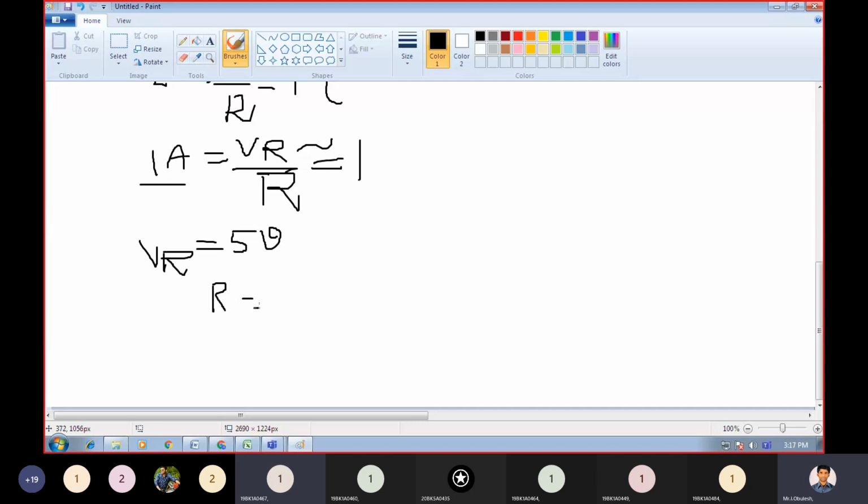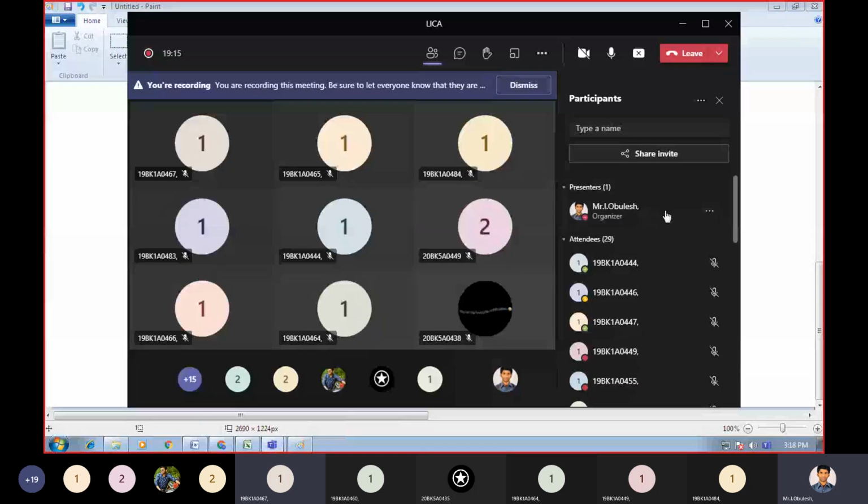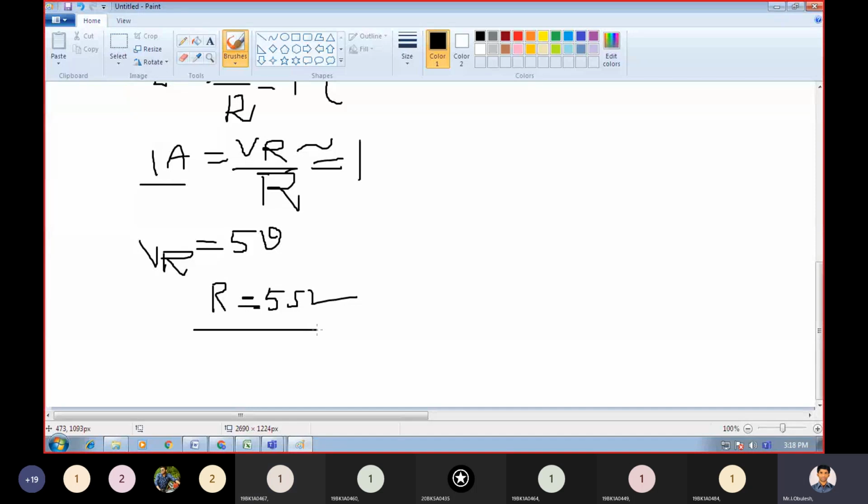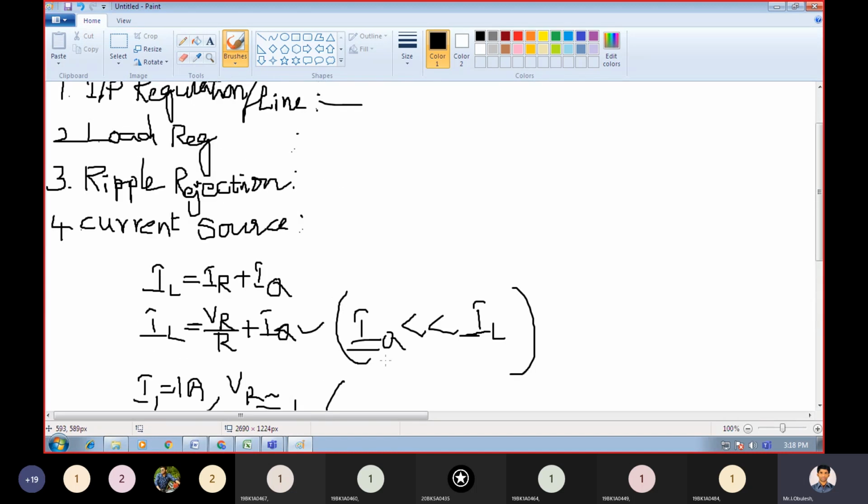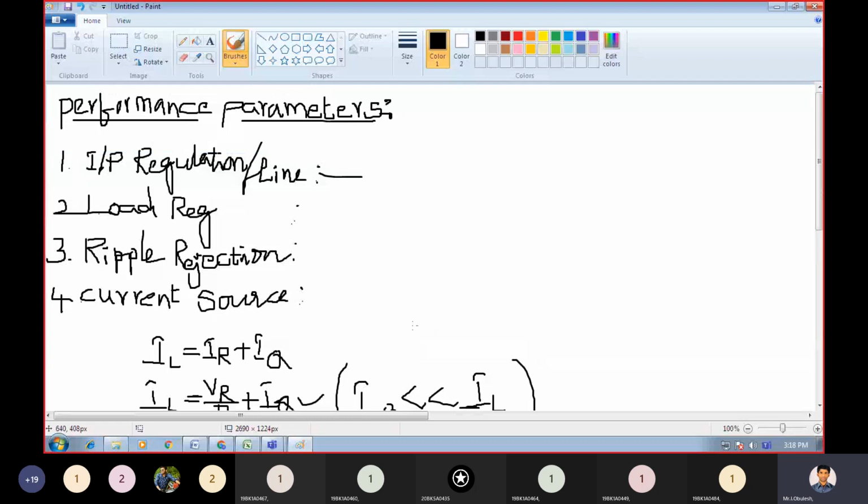It is 5 ohms. If you assume VR is equal to 5 volts and IL is equal to 1 amp, then you will get the R value. So this is the example for current source.